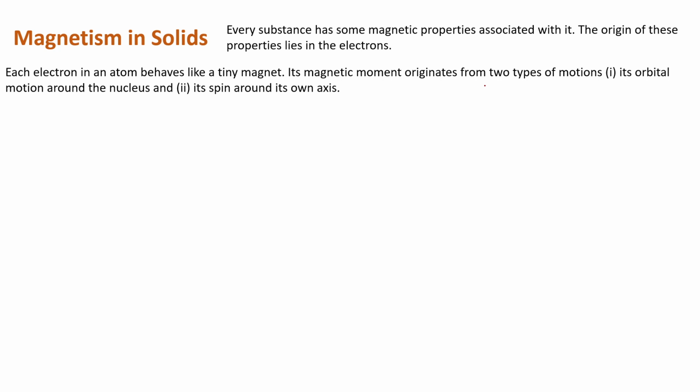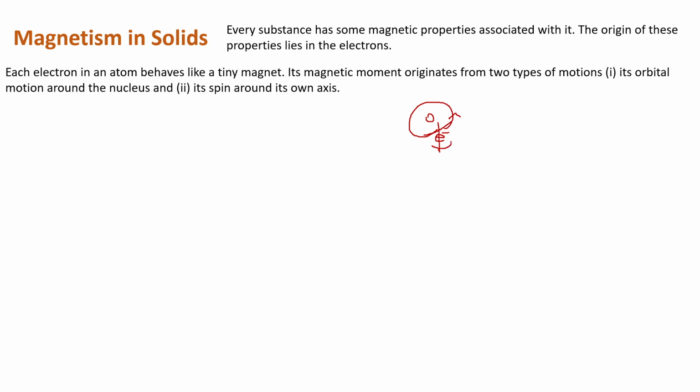Its magnetic moment originates from two types of motion. You know the electron moves around. This is a nucleus, with positive charge. The electron rotates around the nucleus in orbits, and also rotates around its own axis.